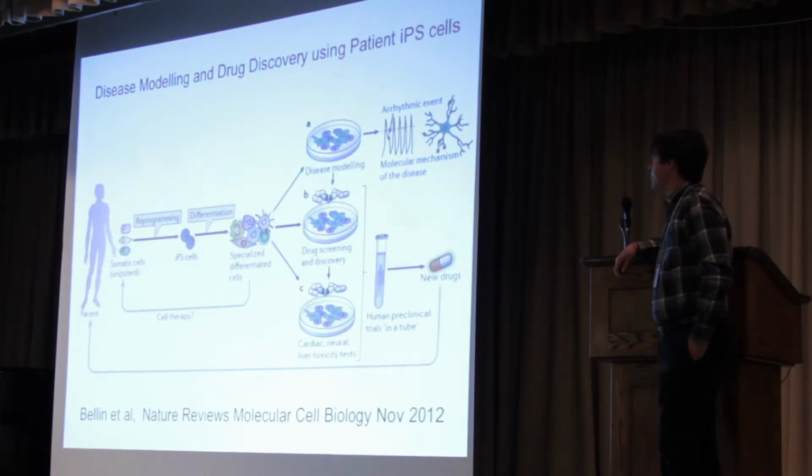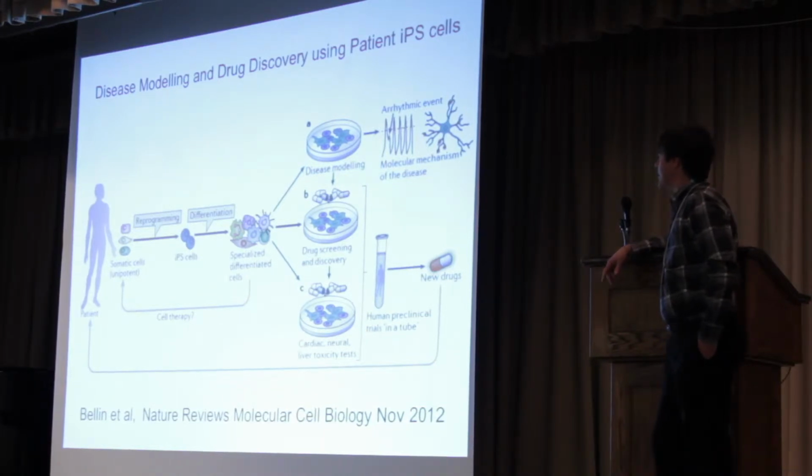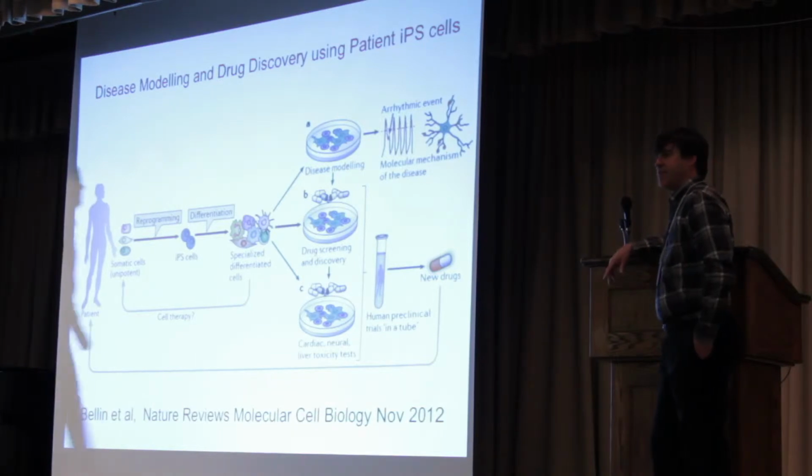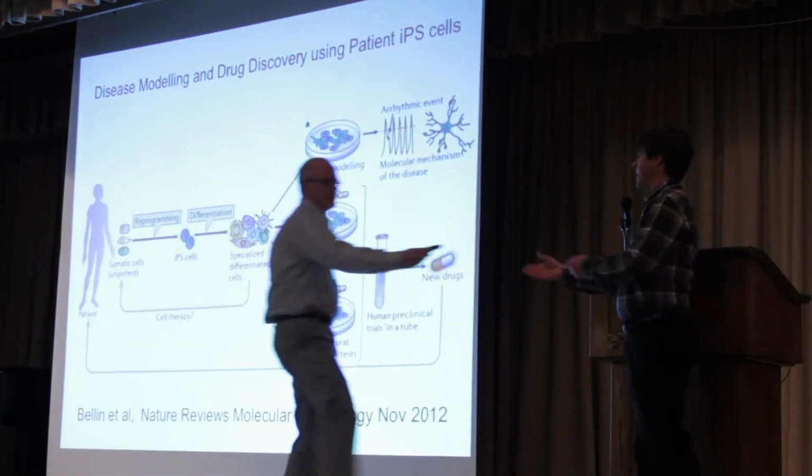And so these embryonic or iPS cells, as they're called, can be differentiated into specialized cell types of any interest. So for neurodevelopmental disorders, we would want to differentiate them into neurons, into brain cells.